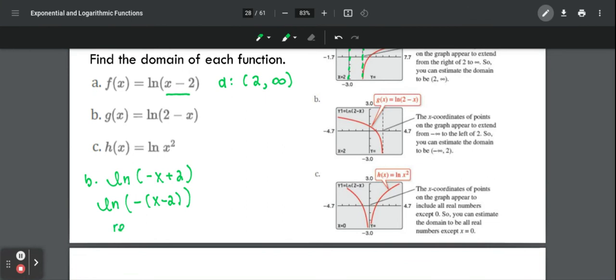So we're going to have a reflection over the y-axis, and then we're going to shift to the right 2. And so when we look at that graphically, when you reflect over and you shift to the right 2, you end up with this graph. So your domain would be negative infinity to 2.